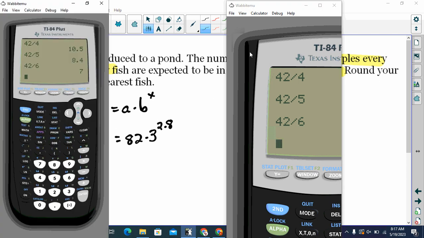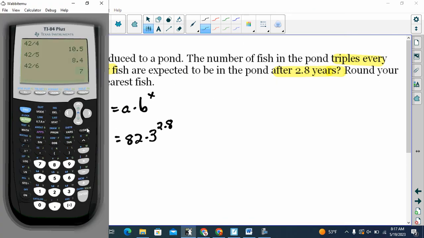Make sure you know how to type that expression into your calculator. We've got 82 times 3 to the 2.8. It says to round to the nearest fish, so 1777.2. To the nearest fish, the 0.2 we round down, so 1,777 fish.